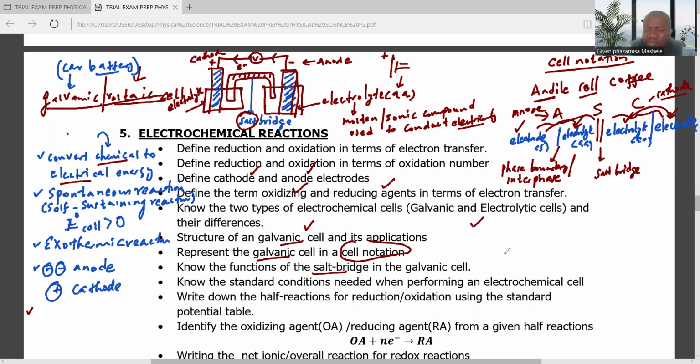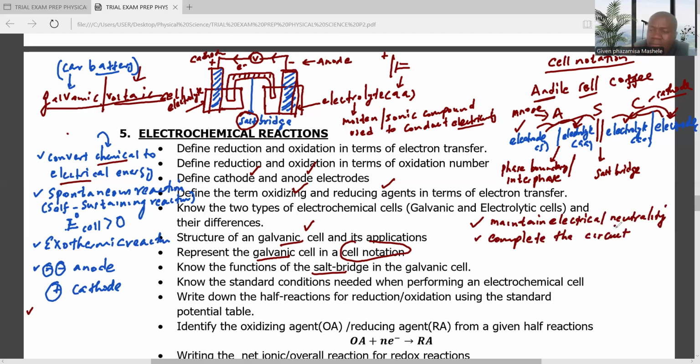The function of the salt bridge is, first of all, to maintain electrical neutrality by separating the two half cells. And again, it completes the circuit.